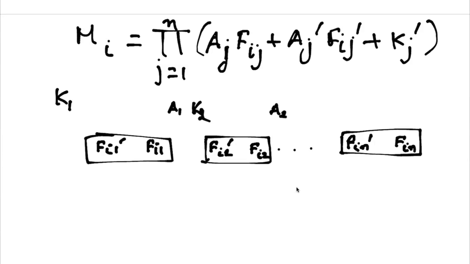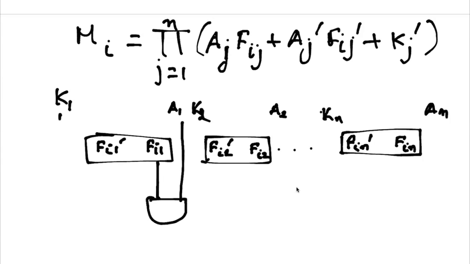For the last one, I have Kn and An here. As you can see from the Boolean expression, first what we have to do is Aj, Fij. So Aj is this, A1 is this, Fi1 is this. What we need is an AND of this.